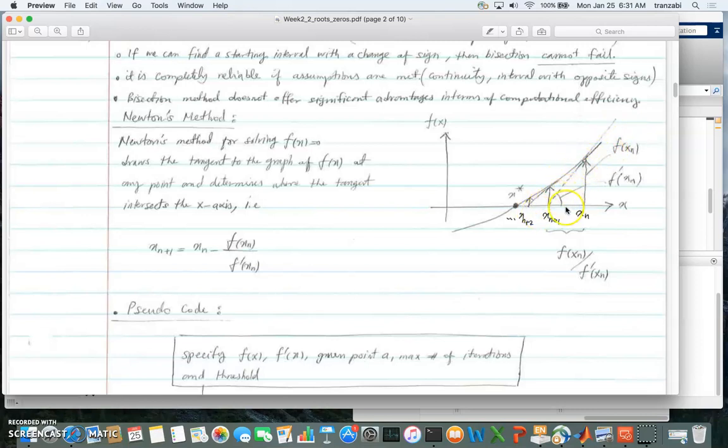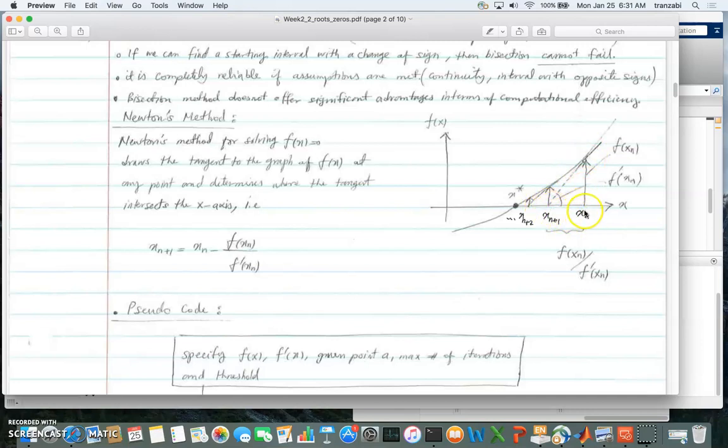And from a tangent line, we can get the slope. So the slope is nothing but the derivative of the function at this point, because by definition, derivative means a slope. Okay, so if I have the slope of this line, and I have this point, so I know the height of that point, which is where the function evaluated the guess value. So I have this height, I have this slope from this triangle, I can calculate this base.